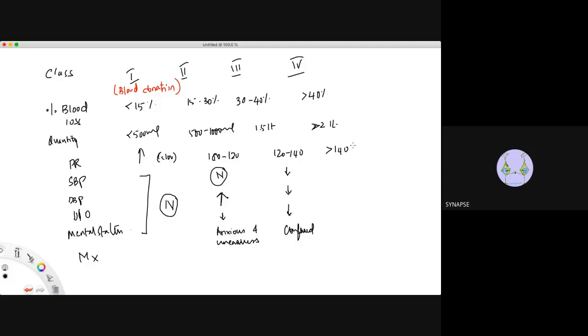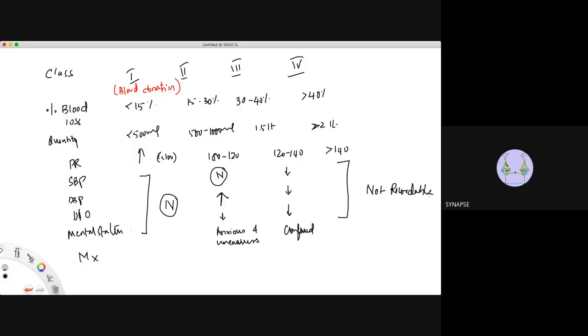Okay. Next, coming to class 4, the blood loss is more than 2 liters. We have only 5.2 liters of blood in our body. If more than 2 liters of blood is lost, you will have a severe type of shock where all of this will not be recordable.